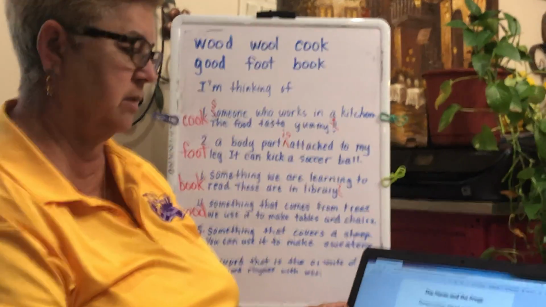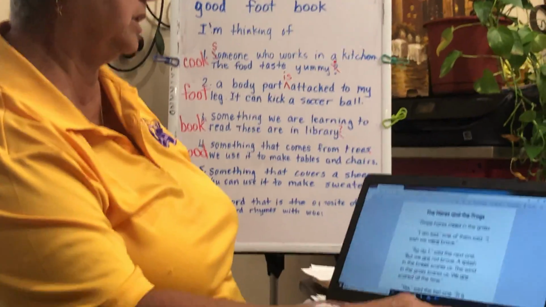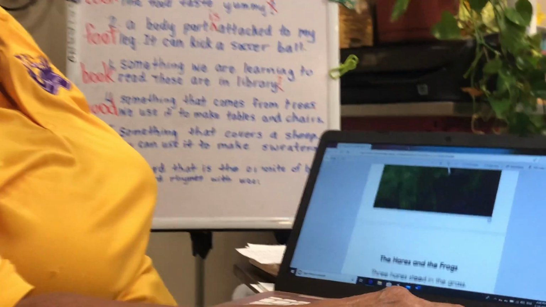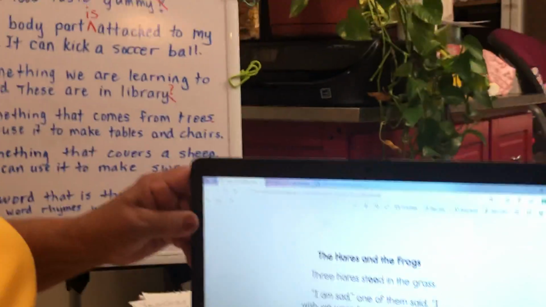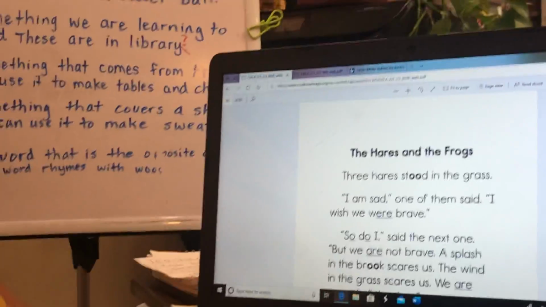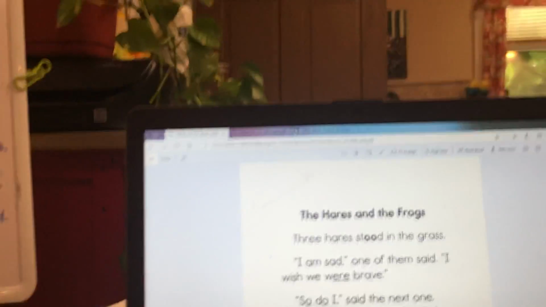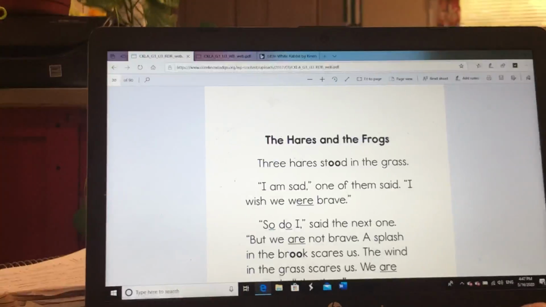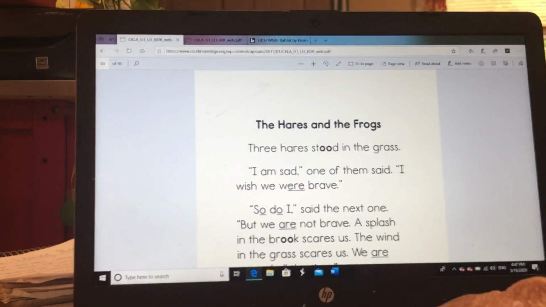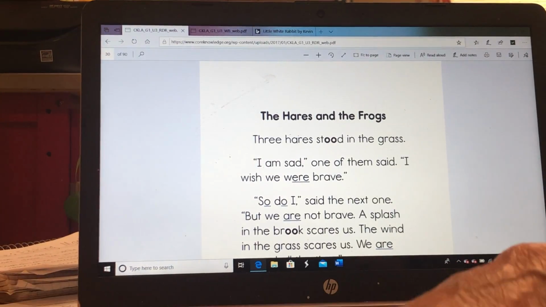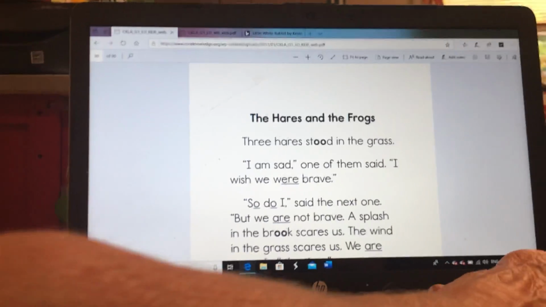So this is the hares and the frogs, and I didn't put in the. Okay, the hares and the frogs.